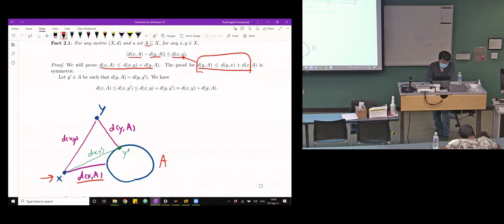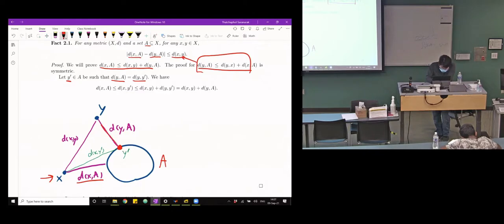Distance from X to A. Let me define Y prime to be the point such that dyA is dyy prime.